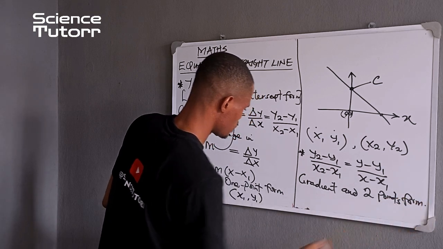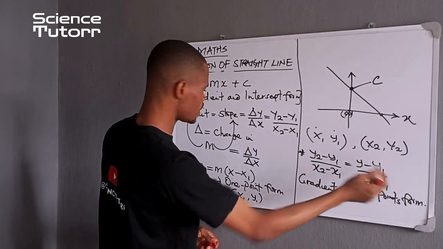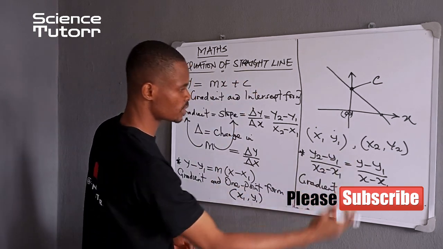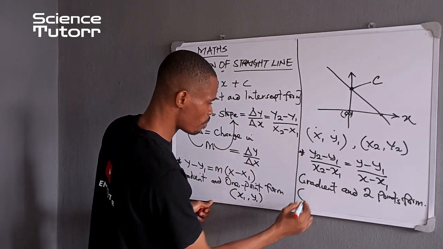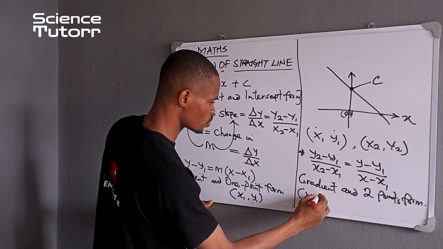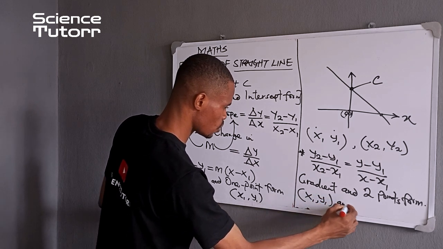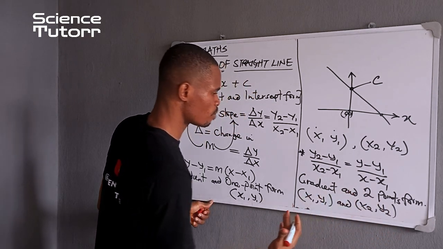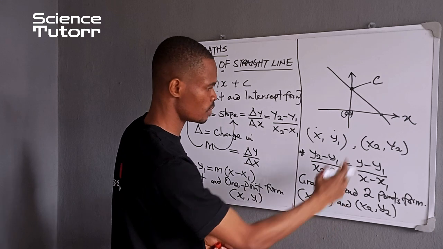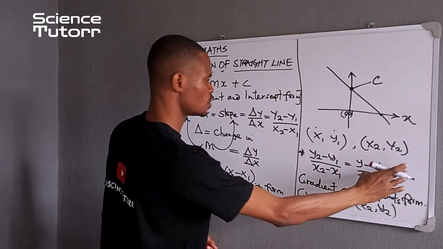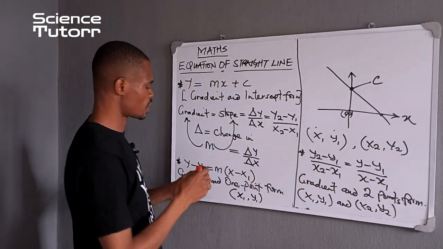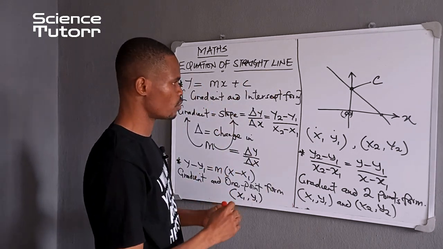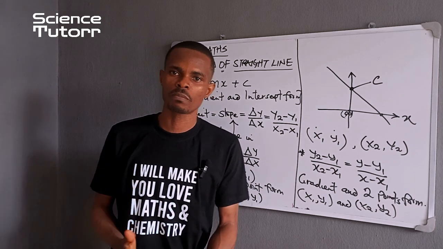So we use either of these formulae in solving the equation of a straight line. In this case, for a two-point form, we could have x1, y1, and also x2, y2 given. This will help us in finding the gradient and then substituting to get the equation of a straight line. These are the various equations of a straight line that are applicable. So it depends on the problem that is given.